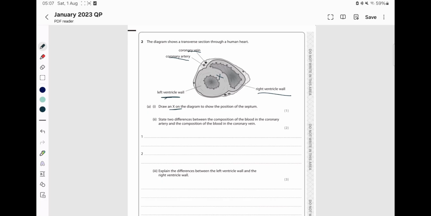So we're going to say that the coronary arteries contain more oxygen, and it also contains less carbon dioxide, but you can also say that the vein has or contains more carbon dioxide. I'm going to go with the vein.